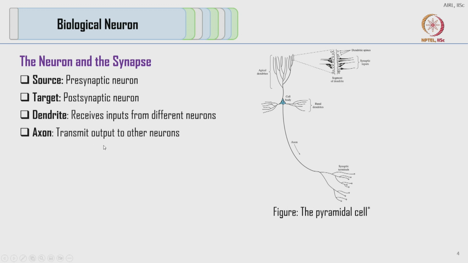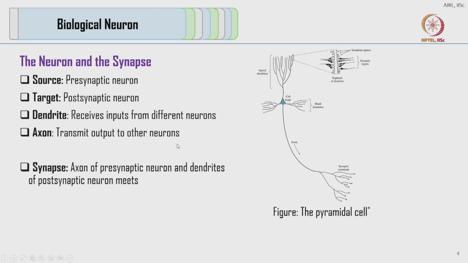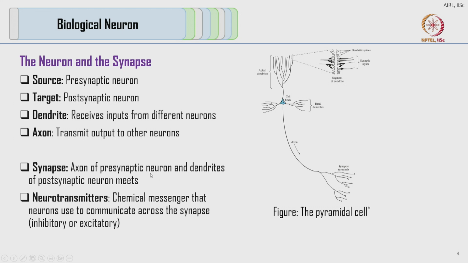Axon is the one which transmits the output to other neurons. A synapse is the small region between the axons of the presynaptic neuron and dendrites of the postsynaptic neuron where they meet. That's a location called synapse.